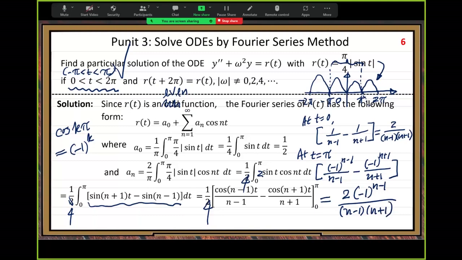After that evaluation, because of the 1/4 and the numerator 2, you can cancel out the 2 and you get 1/2 over n minus 1, n plus 1, times negative 1 to the n minus 1 minus 1, right?